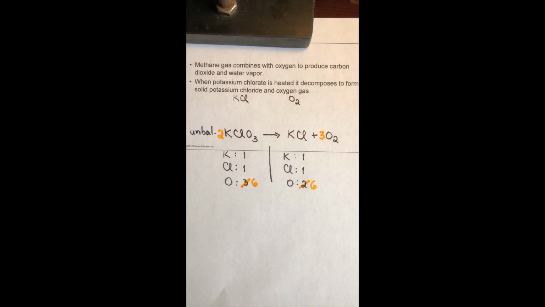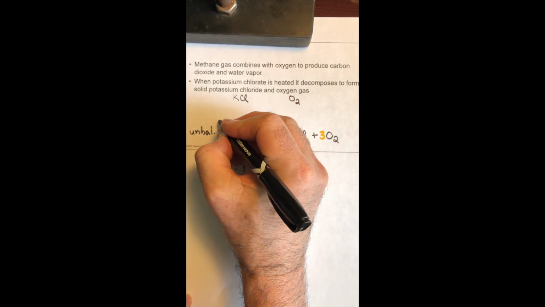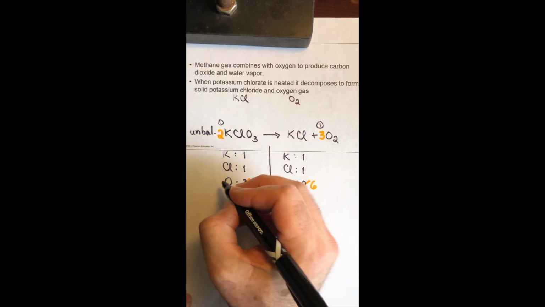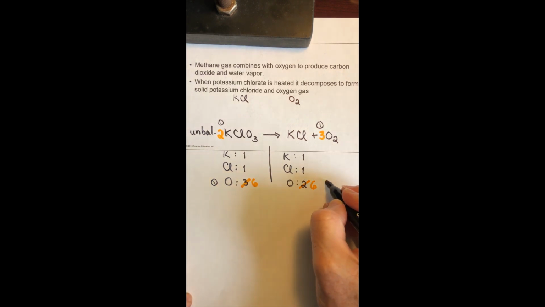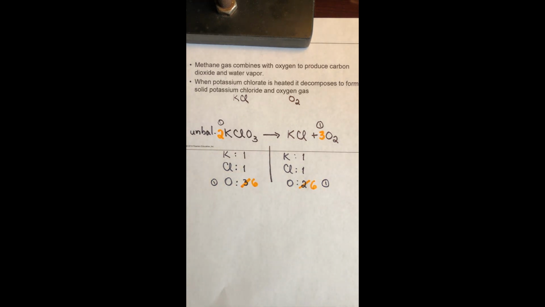However, this was our first step that we did here. Let me write this as our first step. As a consequence of the change in coefficient on the left side, I generated a change in the potassiums and the chlorines.